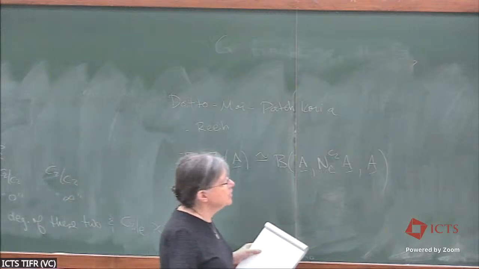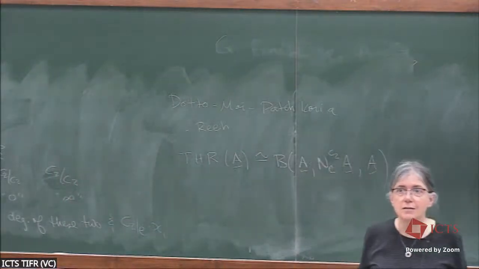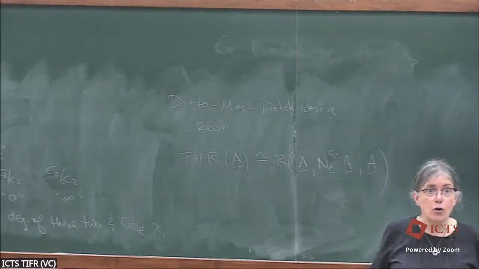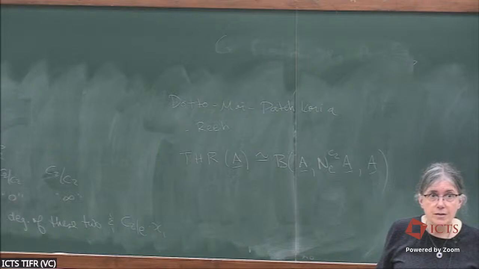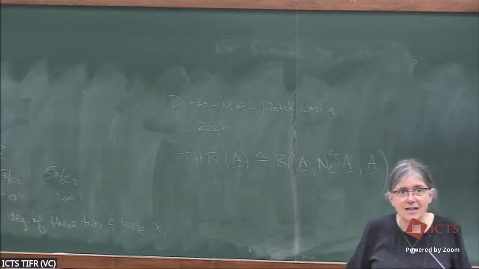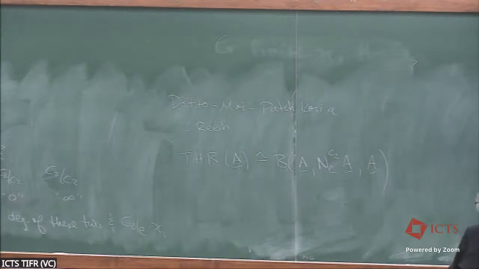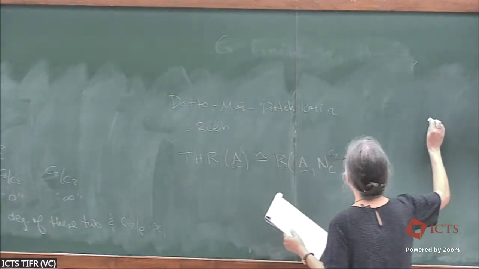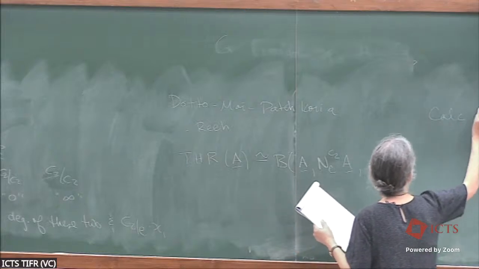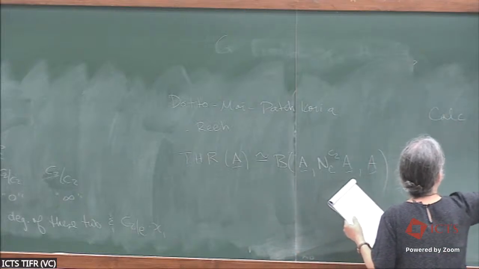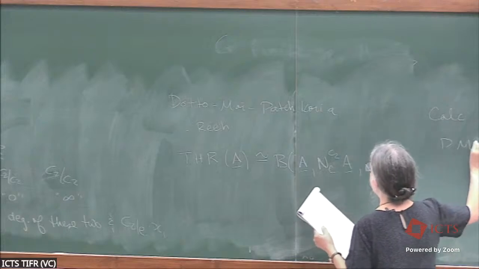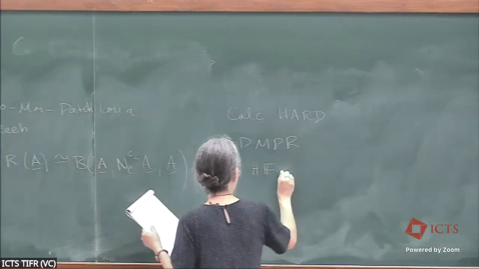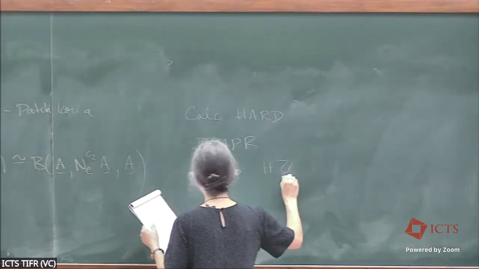But interesting things you could do is you could try to look at pi star of the fixed points, pi star of the geometric fixed points, the RO(G) graded homotopy groups. So the moment you start taking into account the action, it becomes harder. So the problem is calculations are hard. And DMPR, they did a lot about HF_p and HZ_p.